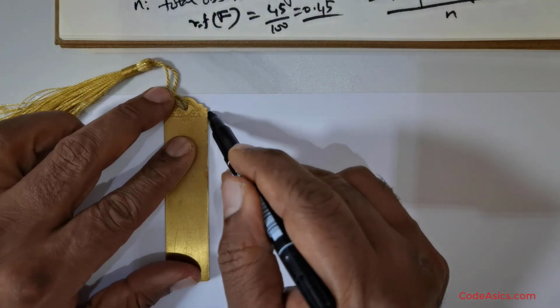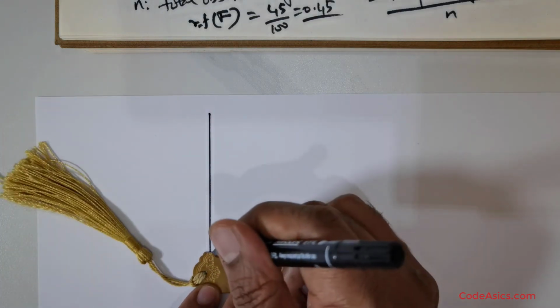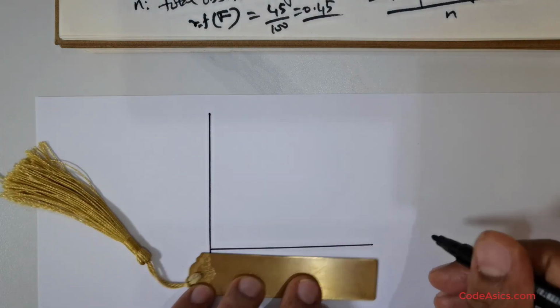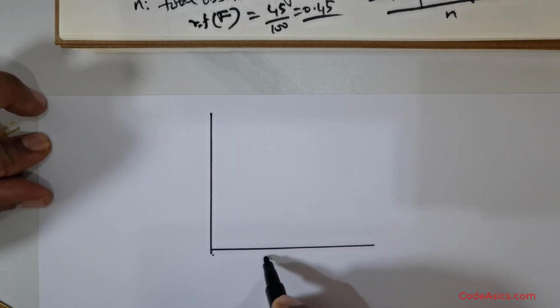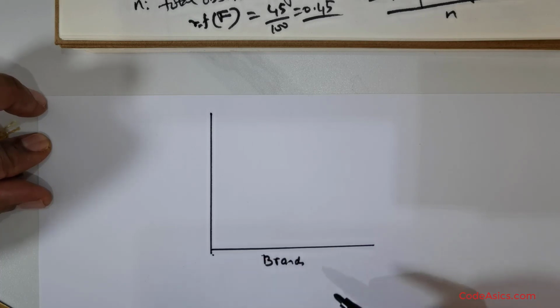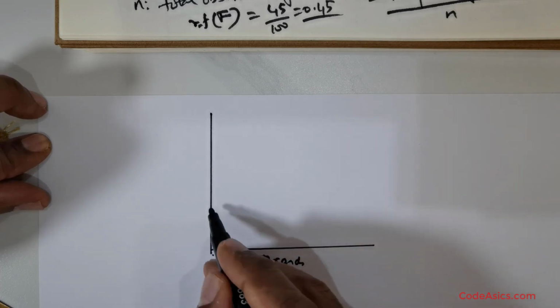So you draw the axis. I need the y-axis and I need the x-axis, right? In the x-axis you can write the name that you want. This is going to be the brand. You can put the distributions, or I would say the numbers, on the y-axis.